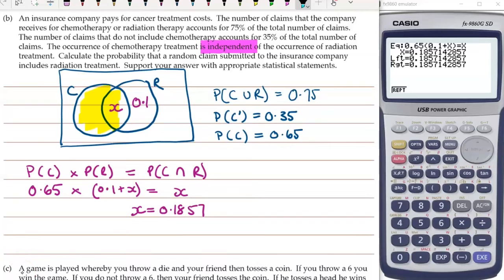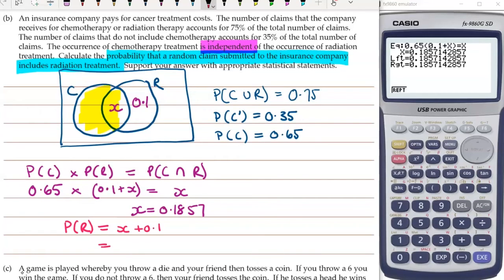The last piece of the puzzle is to calculate the probability that the claim includes radiation treatment. So this is the probability of R, which is X plus 0.1. So that's 0.2857.